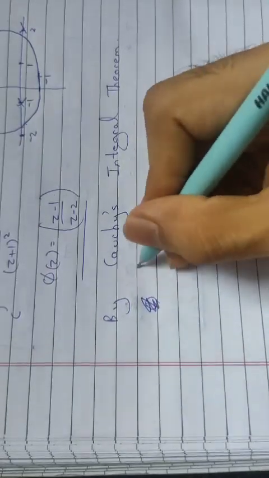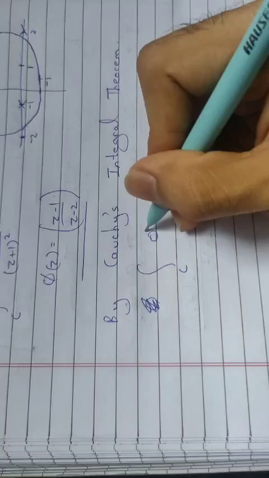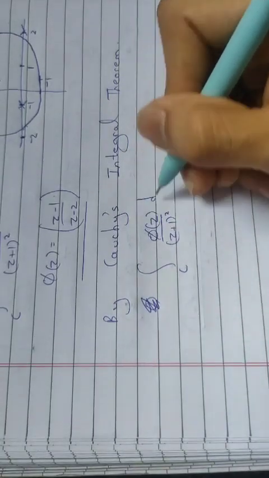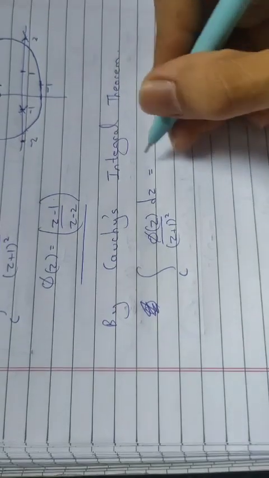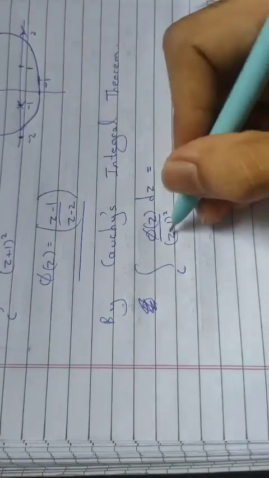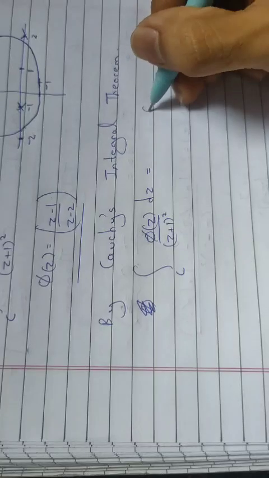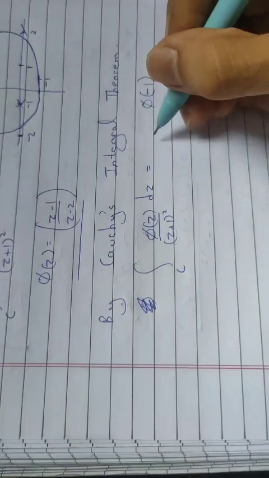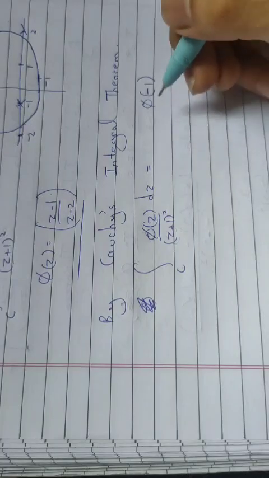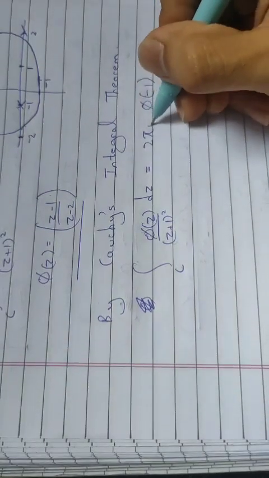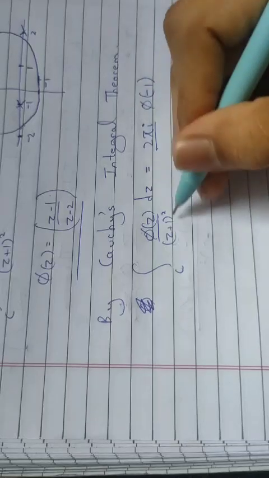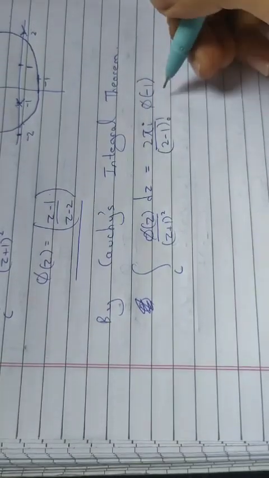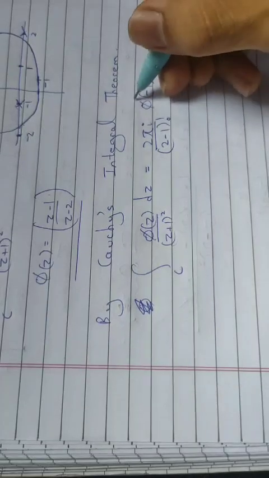The integral of phi of z upon z plus 1 whole square would become, at the point at which the function is not analytic, phi of minus 1 into 2 pi i upon n minus 1 factorial. Here n is 2, so 2 minus 1 factorial, which is basically 1 factorial only, and this is f dash.